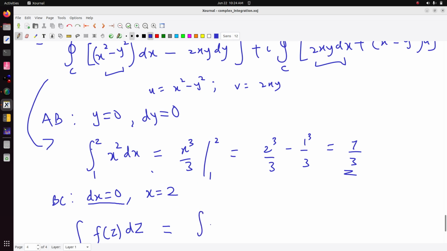Okay, so we have the integral of 4 minus y squared. Sorry, this term is gone. So we are considering this term. Let me use red for the terms we are considering. Now, 2xy, so we have to delete this.